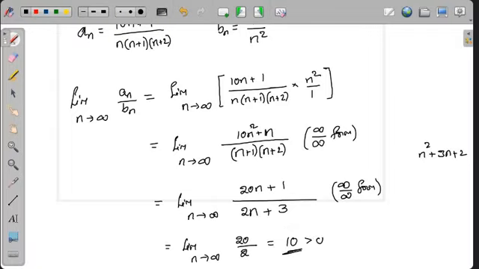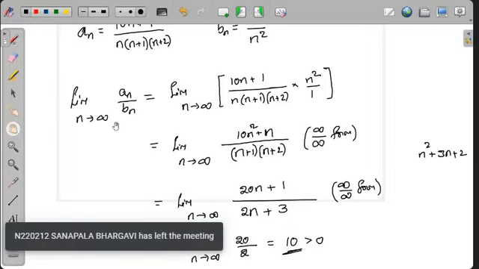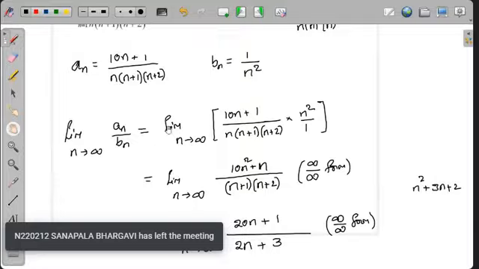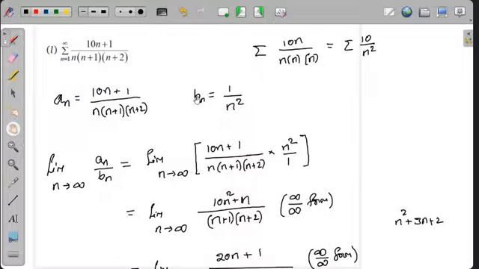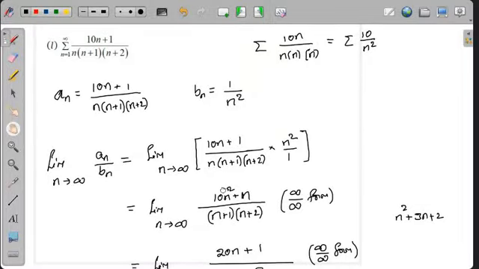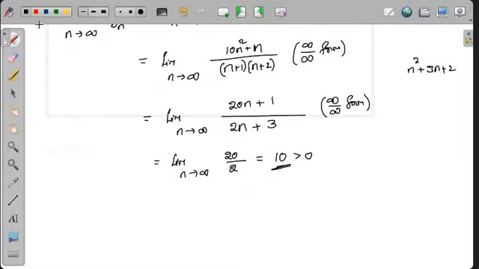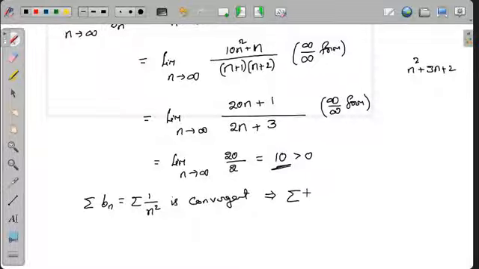So it's positive. Okay. So we got the limit as a constant. So using the limit comparison test, we can say that both summation an and summation bn have the same behavior. Okay. And what do we know about summation bn? We know that summation bn, that is summation 1/n², is convergent. So since it is convergent, this implies that summation an is also convergent.